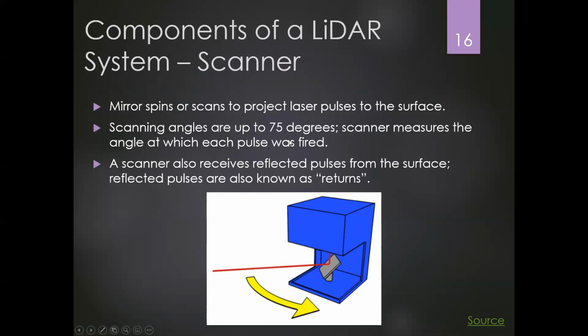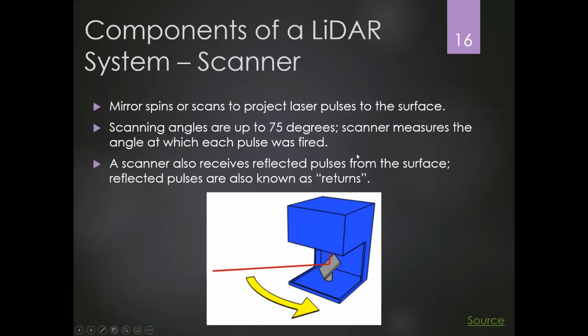Scanning angles are up to 75 degrees. You should know that it's not 180. This mirror cannot face exactly the left or exactly the right. There is a limit for spinning degree. Scanner measures the angle at which each pulse was fired.